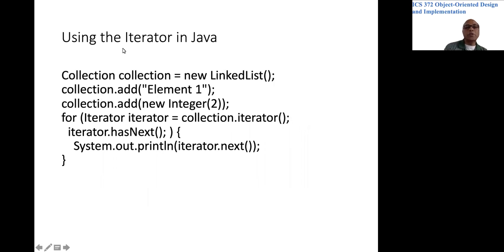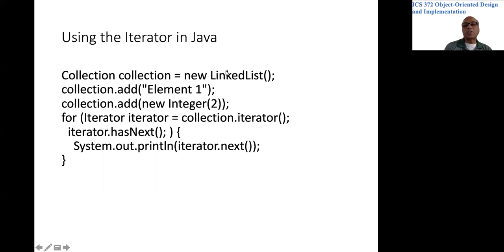So how do we use iterator? Before we look at how iterators are implemented, let's see how to use them. We can have this kind of code in Java. Collection is an interface, equals new LinkedList.